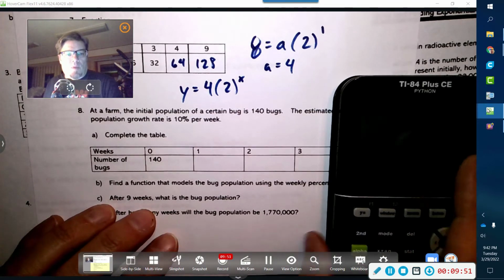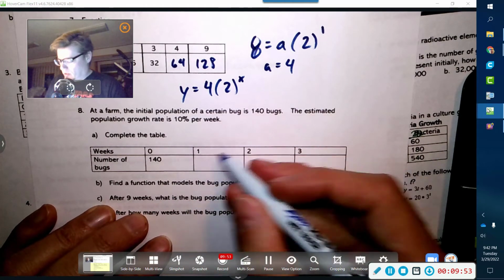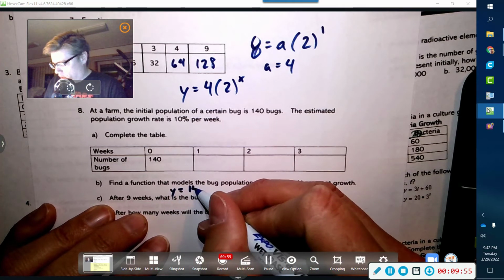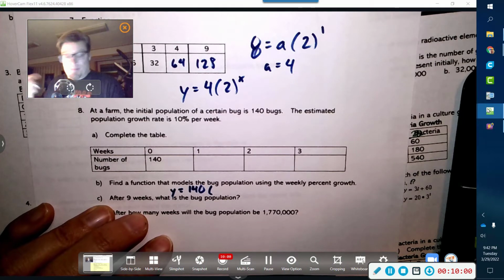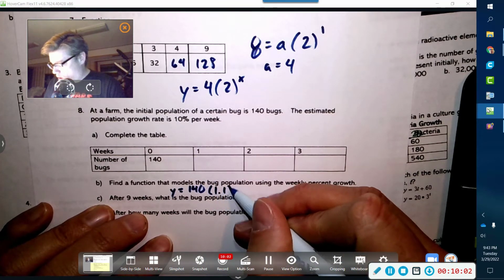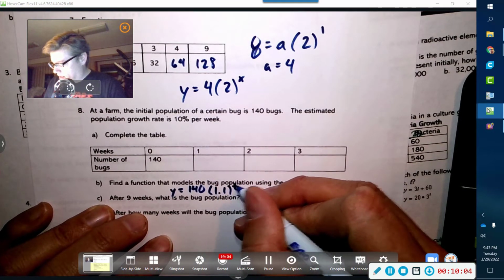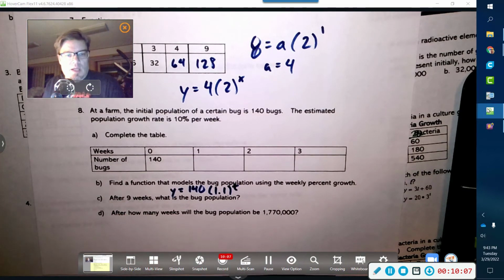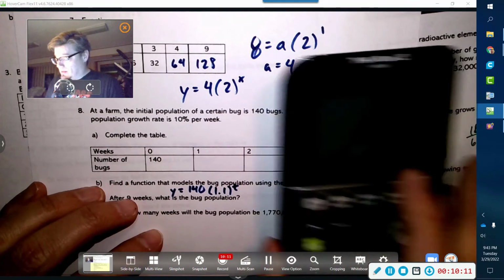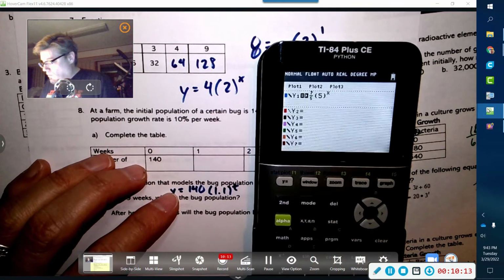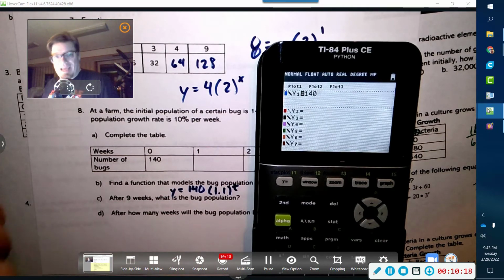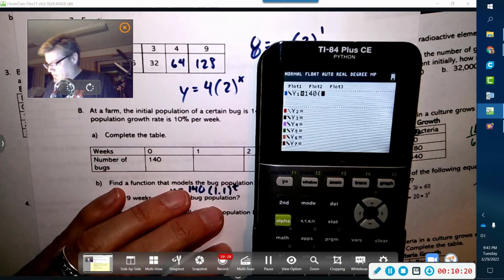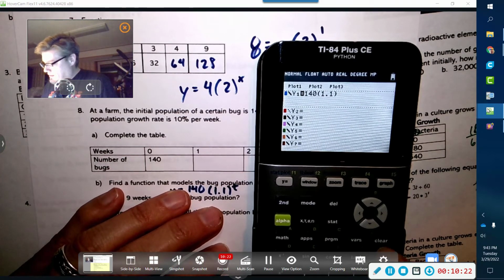So why don't we actually find that function? We start off at 140, okay, and then we are growing by 10%, so that's 1.1, and it's raised to the t or the x, whatever you want to call it, and that's it. That's our model. So we are ready then to just say, all right, y equals, we can go right here and get a table pre-made for us because we know that it's growing by 10%.